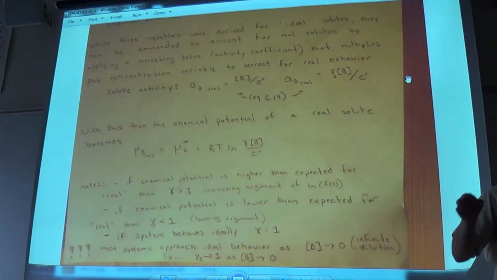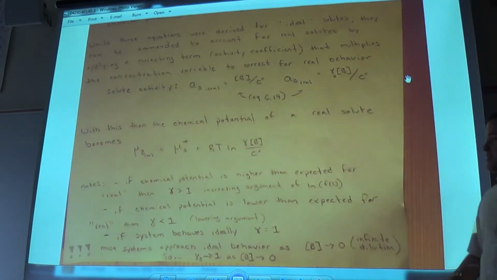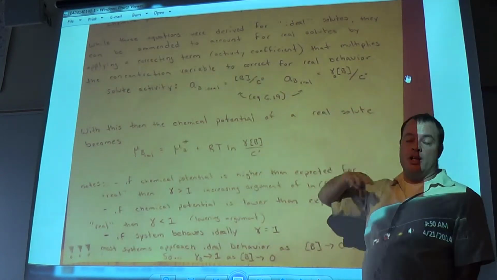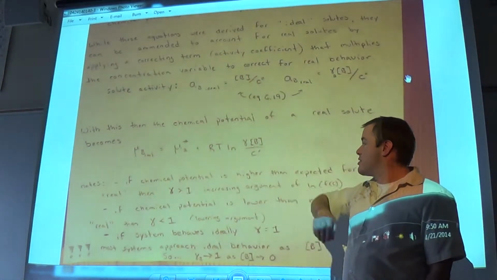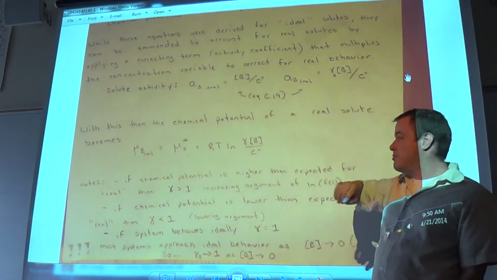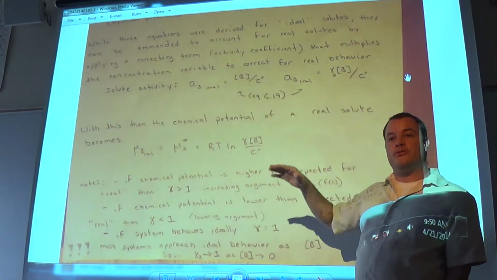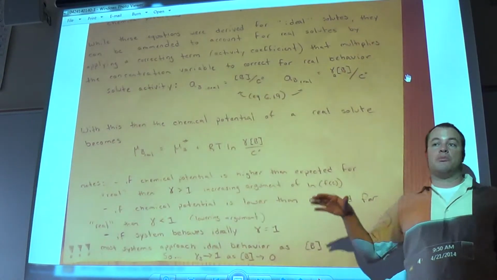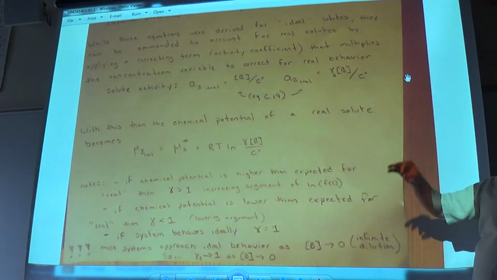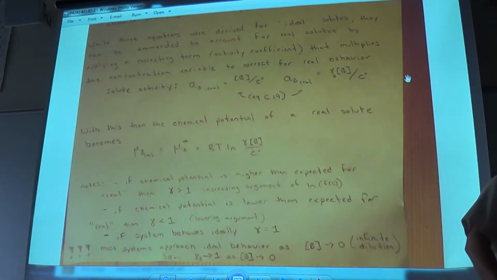Okay, so we're talking about activity coefficients, right? And we said that for real systems, we have to correct our chemical potential term, the Henry's law chemical potential, which is one in concentration, by using some activity coefficient to multiply that concentration term to account for how the chemical potential of our system varies from an ideal system, right? Now, I said that ions in solution, because they have charge, are going to have lower chemical potentials, right?